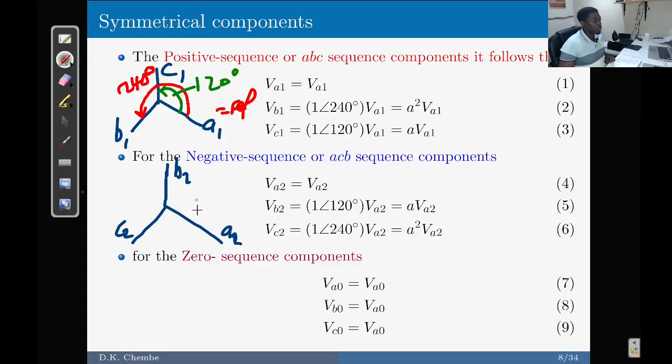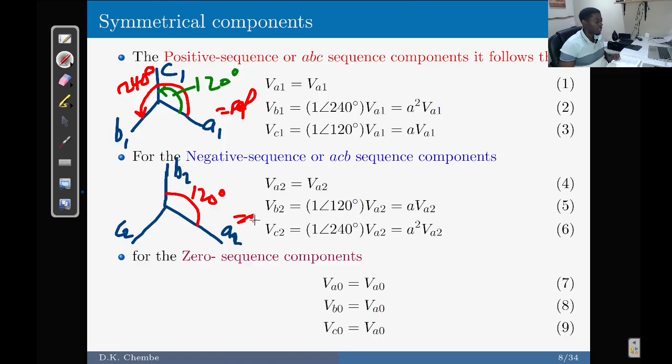For B2, the voltage VB2 is at a phase angle of 120 degrees from VA2 in this case as the reference phasor.